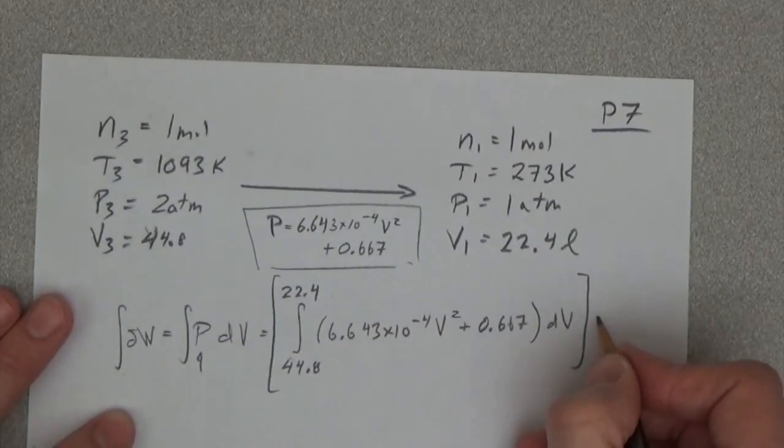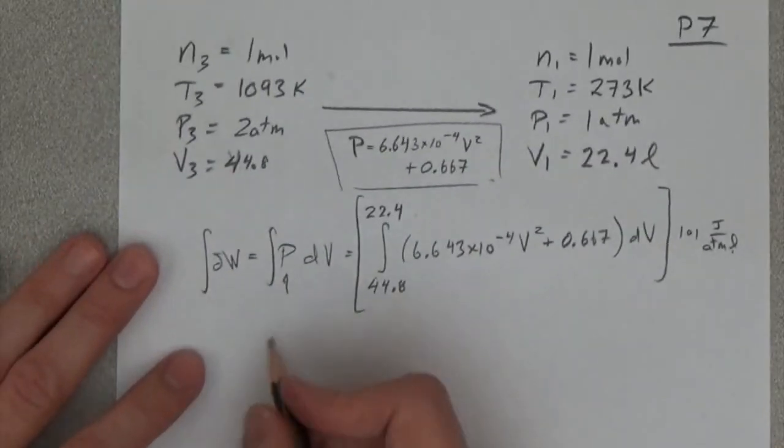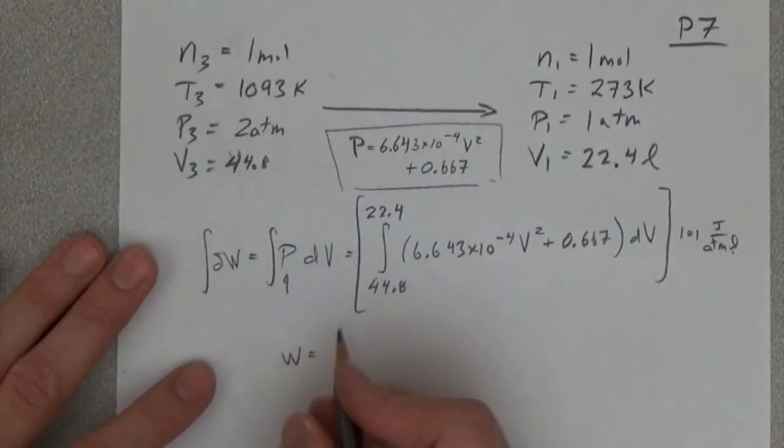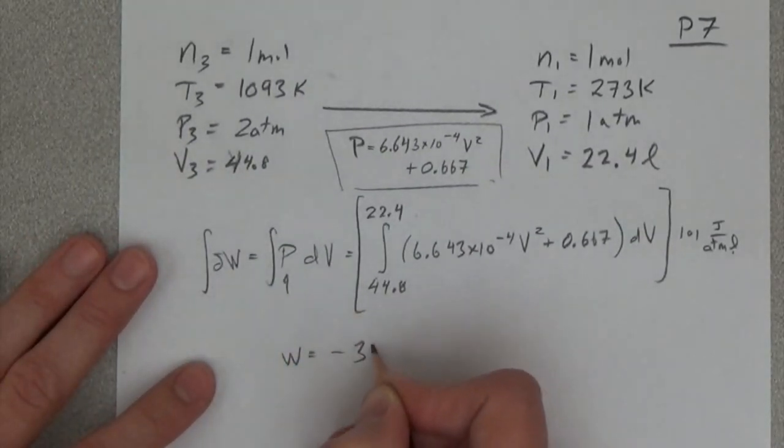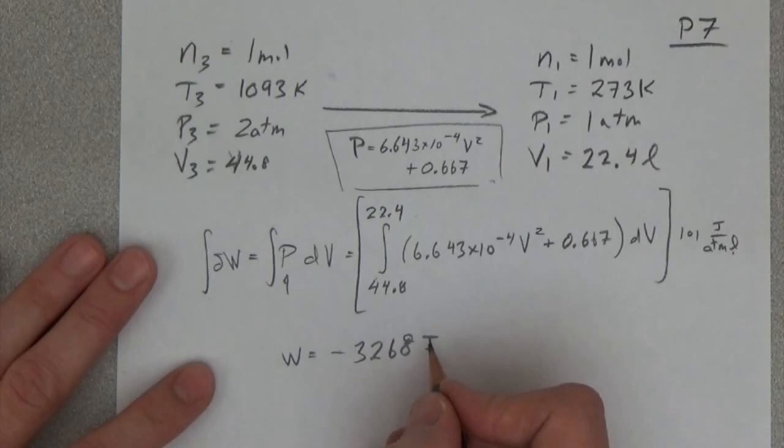And all of that's going to be times 101 joules per atm-liter. W is equal to minus 3268 joules.